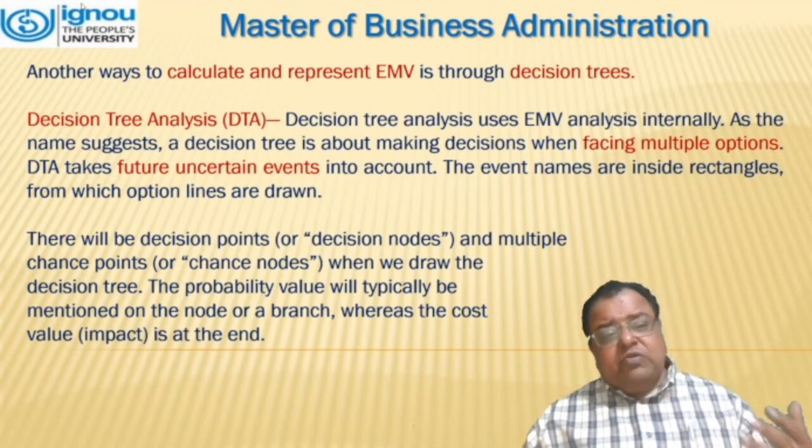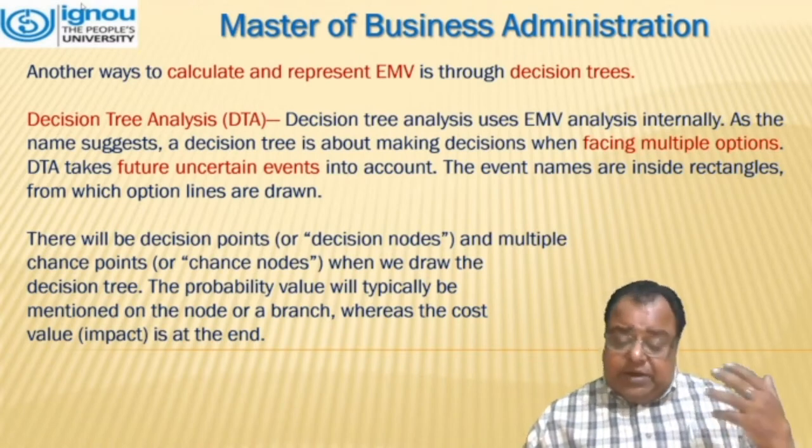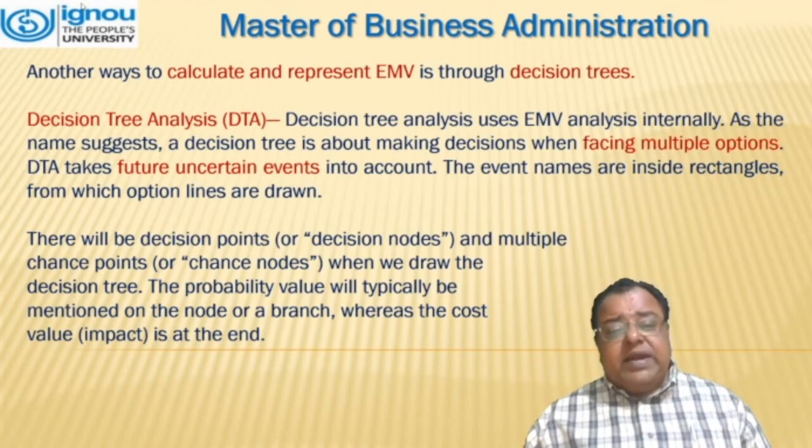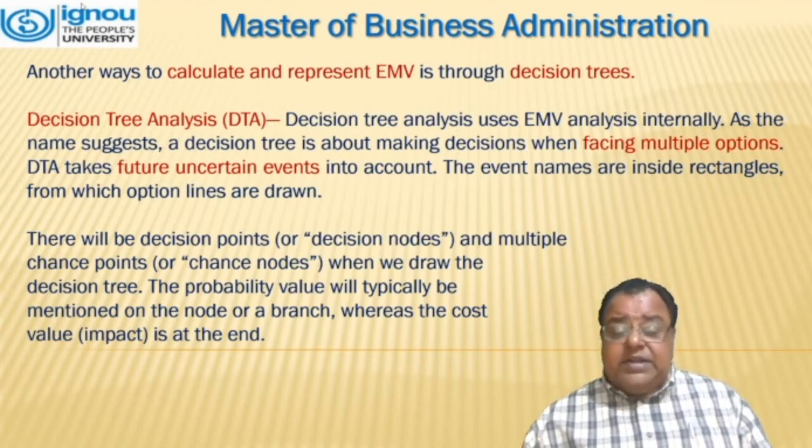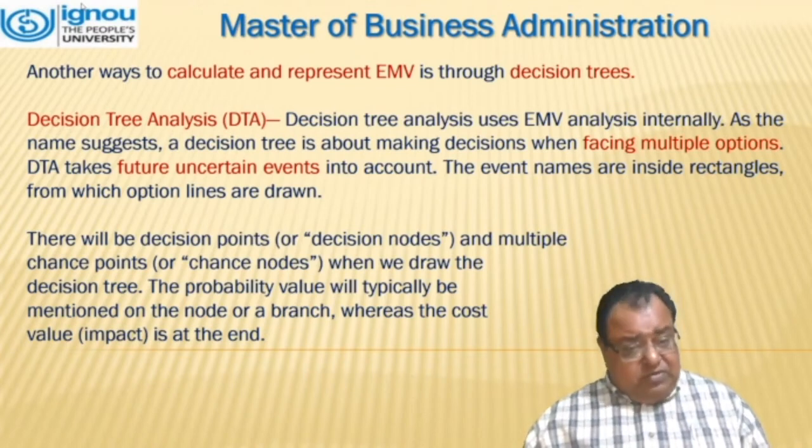DTA takes future uncertain events into account. The event names are inside rectangles for which option lines are drawn. There will be decision points or decision nodes and multiple chance points or chance nodes.